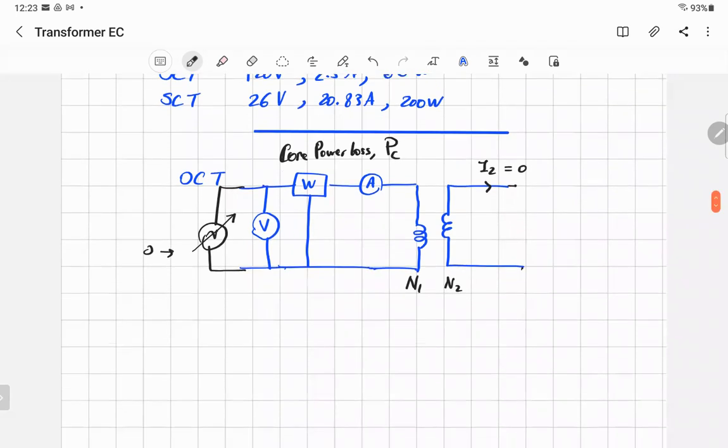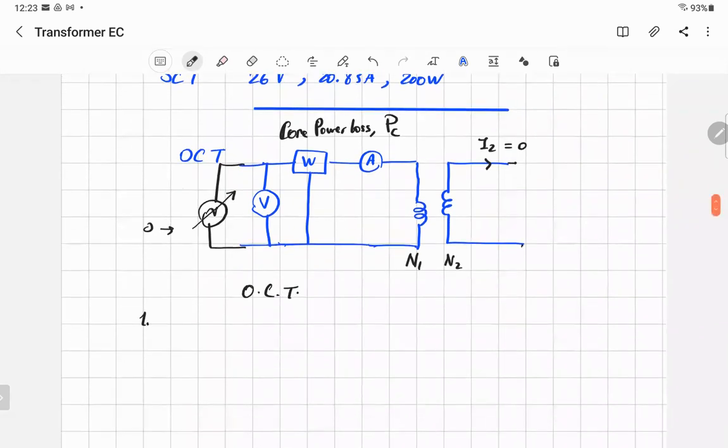Okay, so what will we do? In this test, the open circuit test, we'll observe the following. One side is open circuit and the instruments are on the other side.